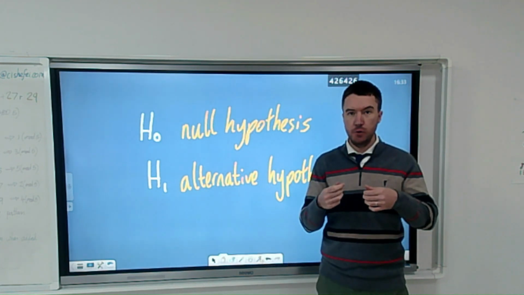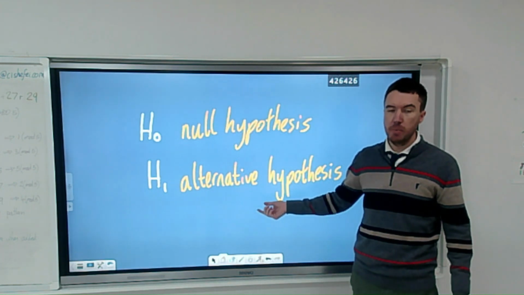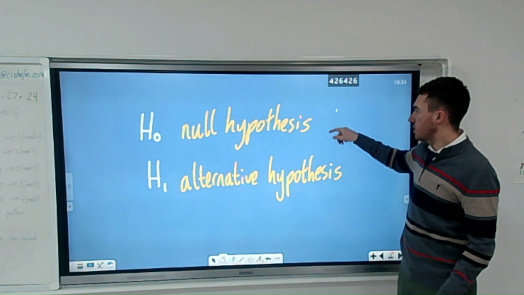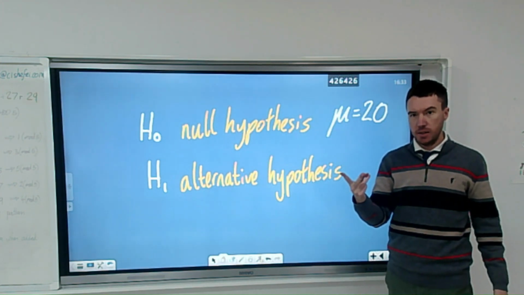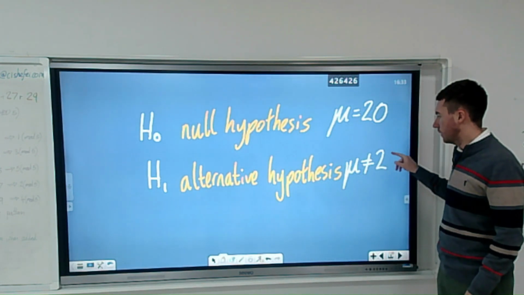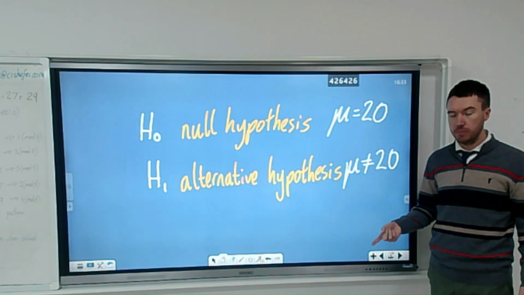For one-tailed and two-tailed tests, the alternative hypothesis is different. If our null hypothesis is mean 20, a two-tailed test would say the alternative hypothesis states the mean is not 20.